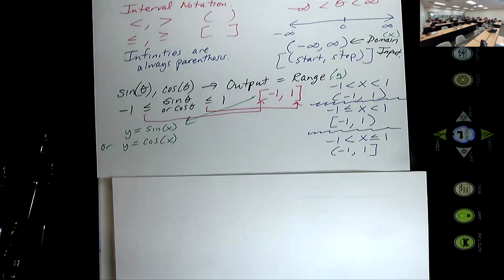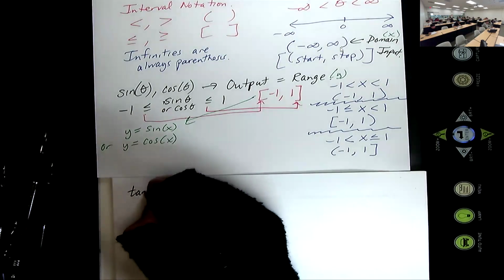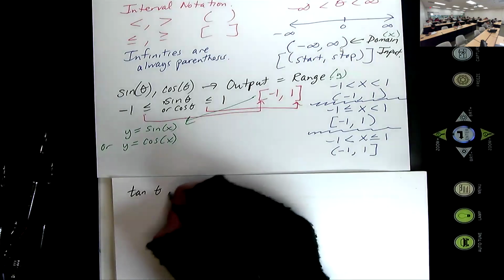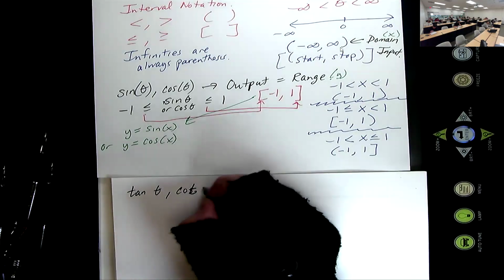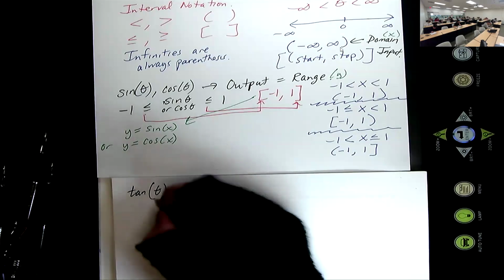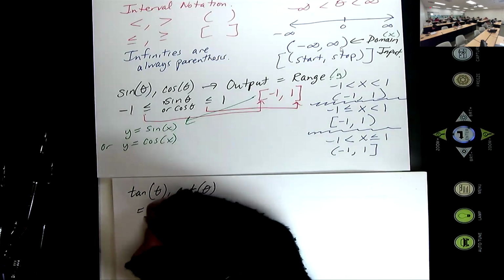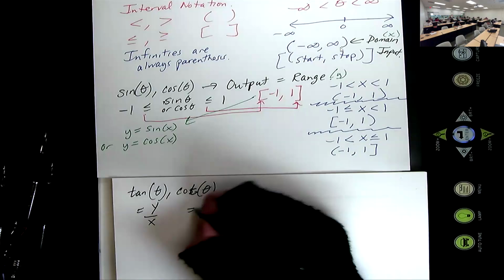If we look at tangent theta and cotangent theta, this is y over x and this is x over y.